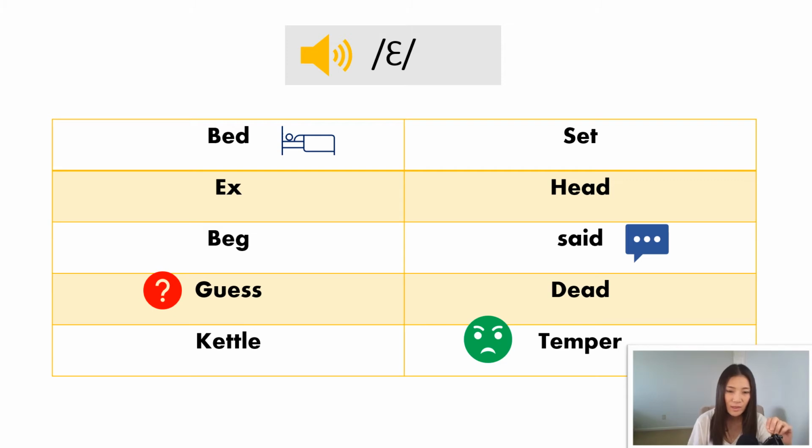Here's a list of words with the sound e. I'm going to read from top to bottom, so please just repeat after me. Bed, X, beg, guess, kettle, set, head, said, dead, temper.